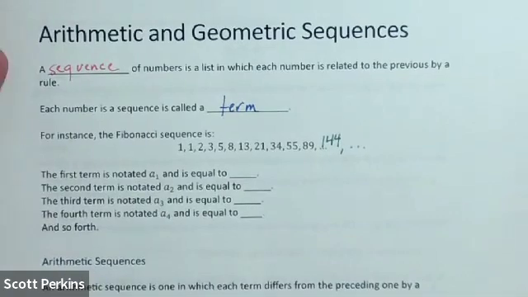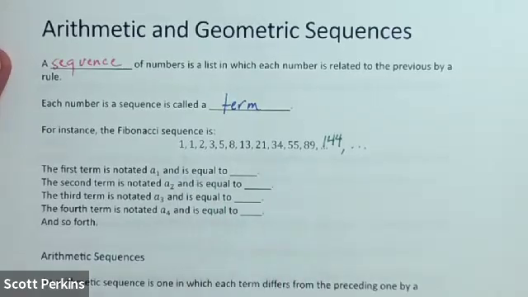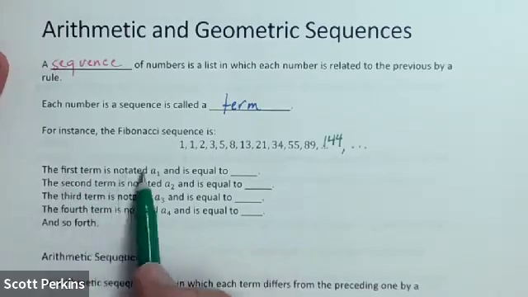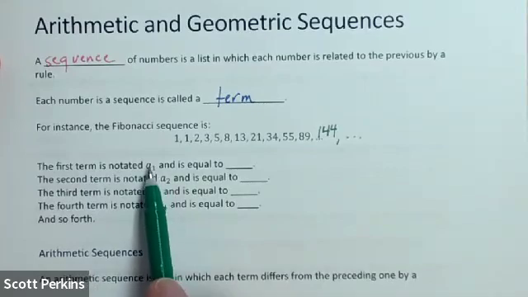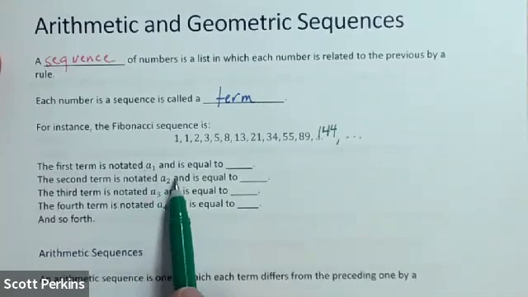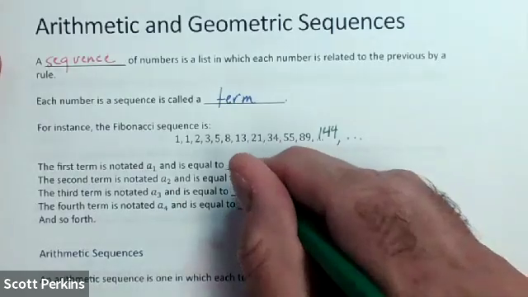So again, notationally, in my Fibonacci sequence that we just defined, to denote the terms, usually the letter A is used with a little subscript. A subscript 1 means the first term. In this one, the first term is equal to the number 1. The second term, A subscript 2, is also equal to the number 1.